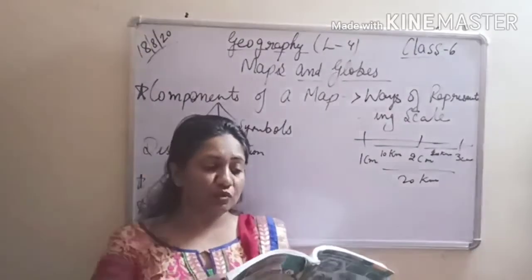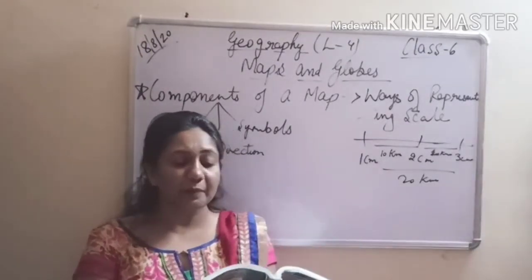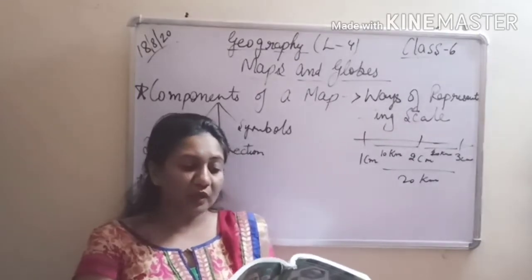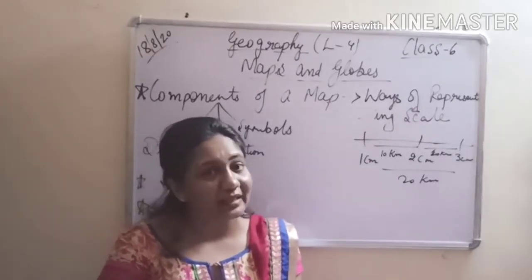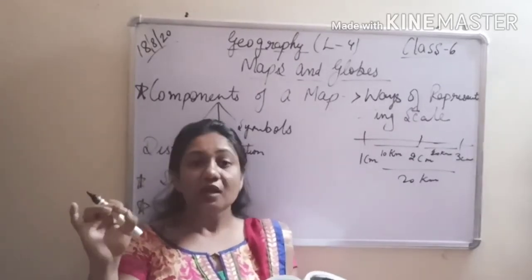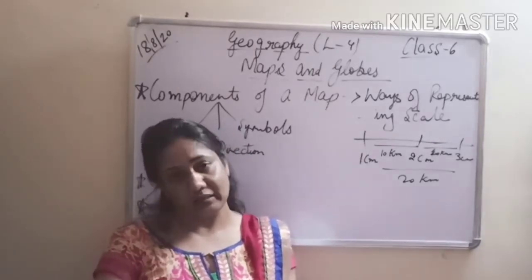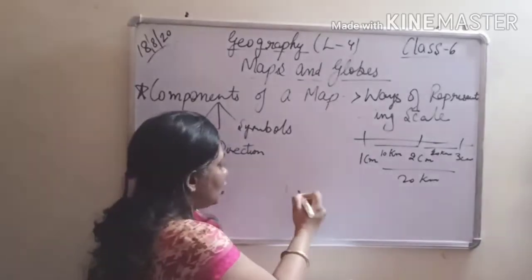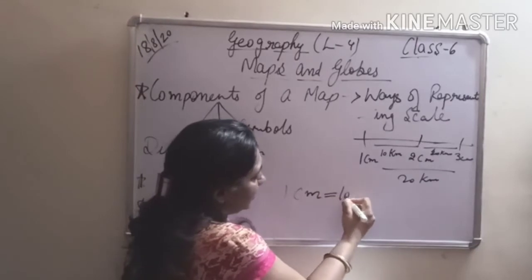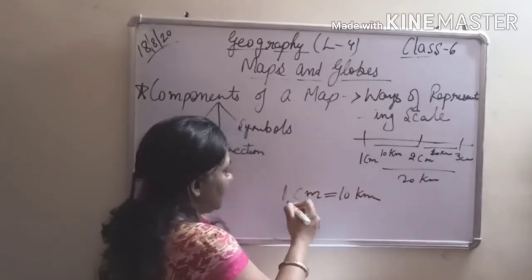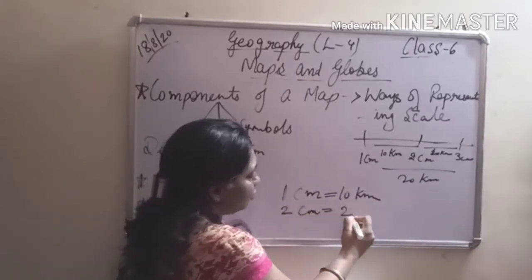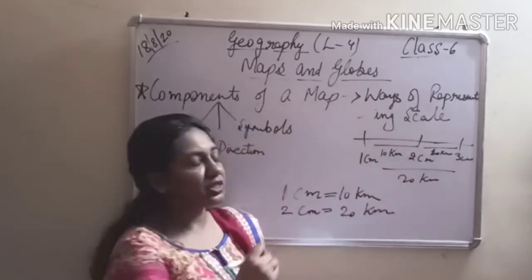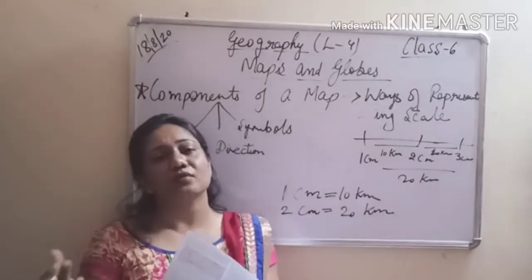So let's come to the first one. The scale on a map can be shown in the following ways: by a method of statement. Simple statement, it shows like 1 centimeter is equal to 10 kilometers as we have done. So we assume as 1 centimeter is equal to 10 kilometers, 2 centimeter is equal to obviously 20 kilometers, and so on. So this is the way of statement.